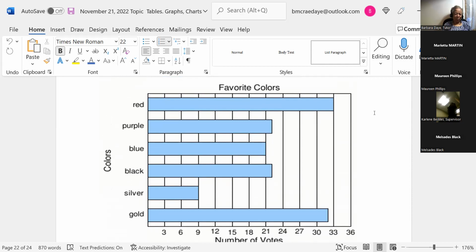Okay. Silver is 9. And purple is like 23.